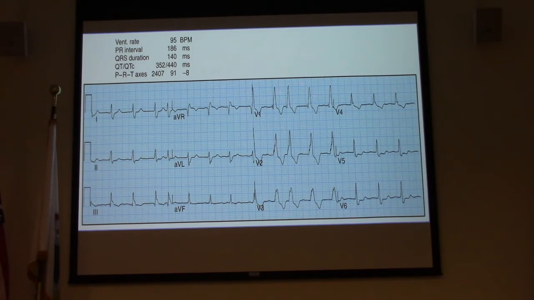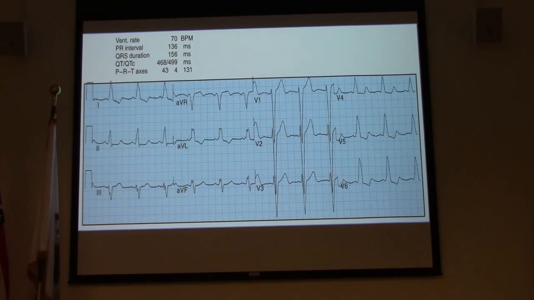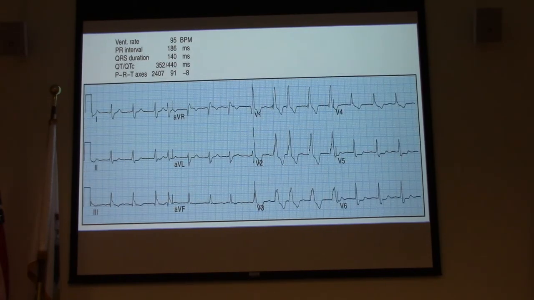If I see a positive R wave in V1, I have a right bundle branch block. If I am driving my car and I want to make a left-hand turn, I push my blinker down. If I have greater than 120 milliseconds here and a negative deflection in V1, I have a left bundle branch block. Okay?